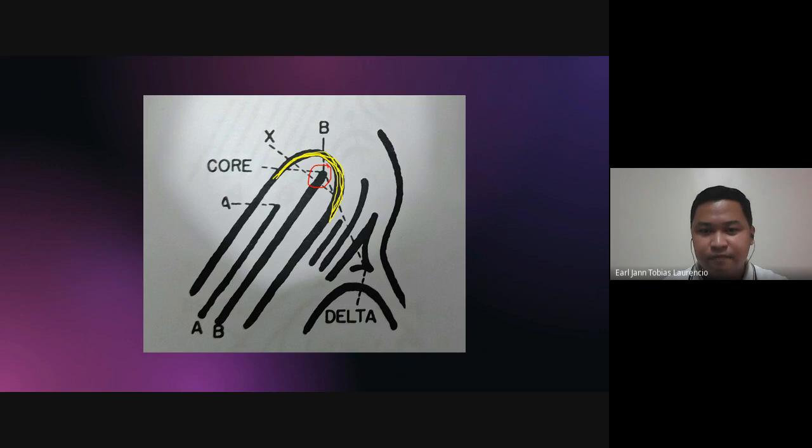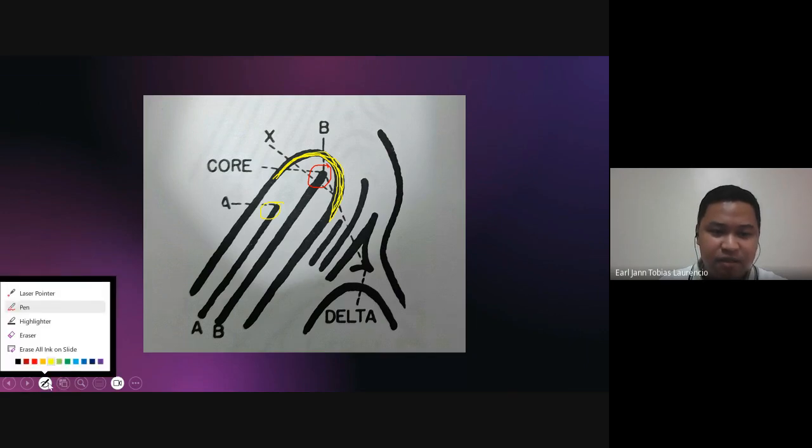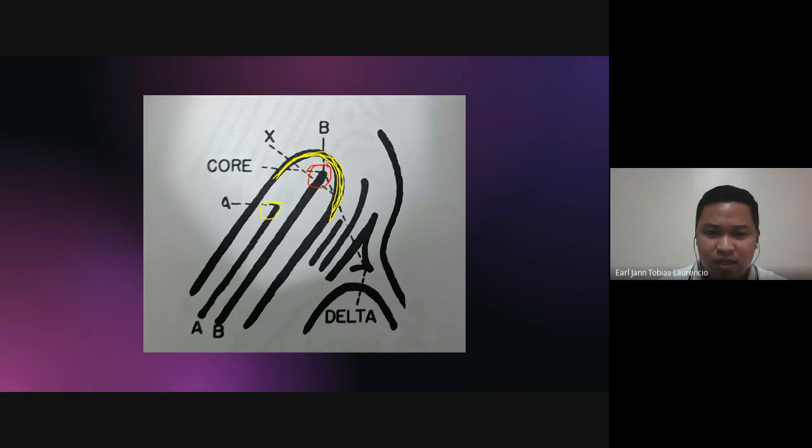Now, this rod does not rise as high as the shoulder of the loop, but ridge B, the one with the red circle, rises as high as the shoulder. So we will select that one as the core of the pattern, even if it is near the delta.